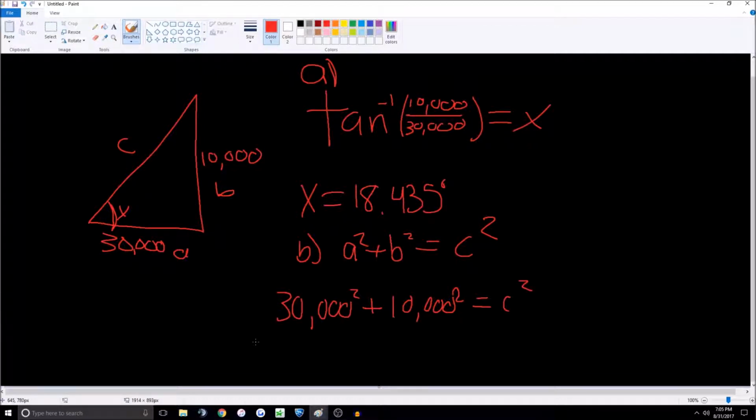What this actually ends up coming out to be is 900 million. Sorry for having to draw these zeros. Plus 100 million equals 1 billion.